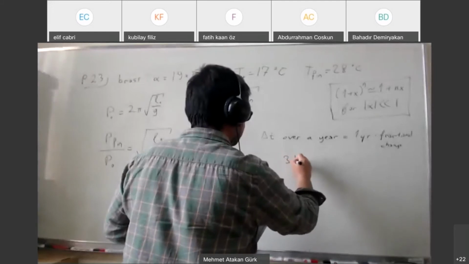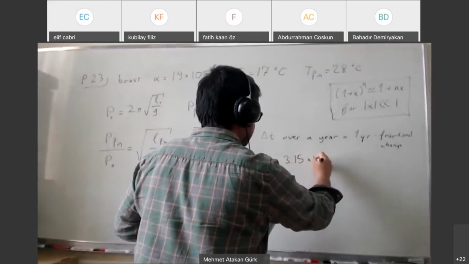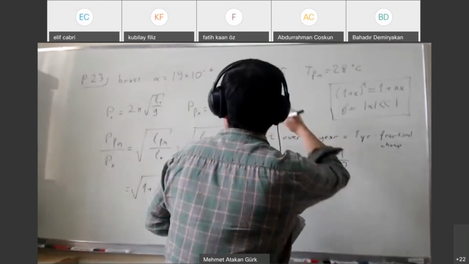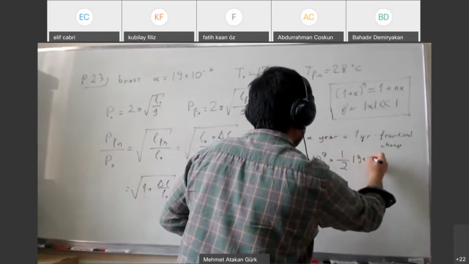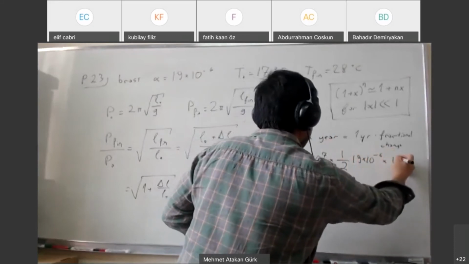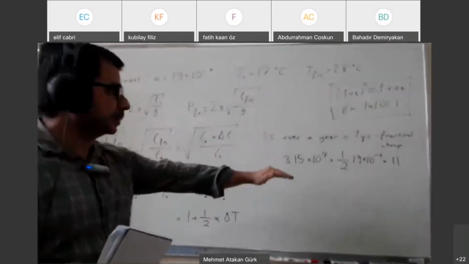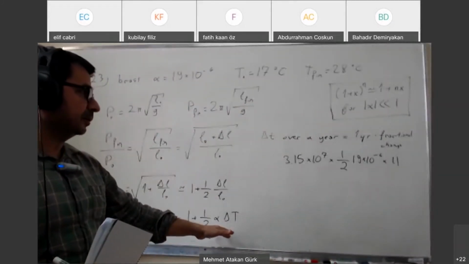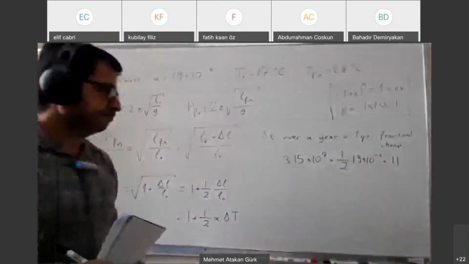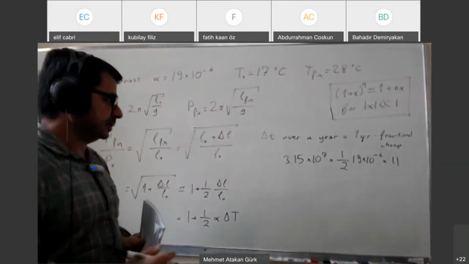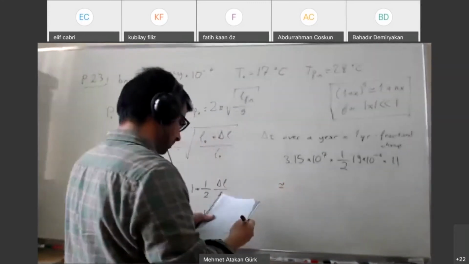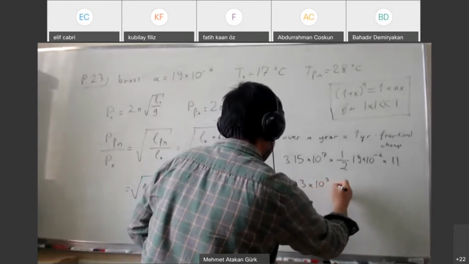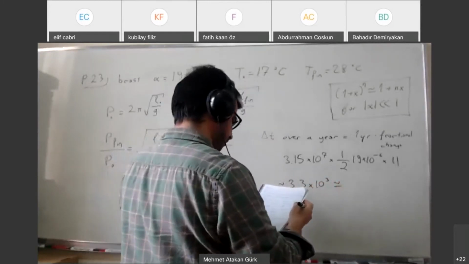So this is 3.15 times 10 to the 7 times a half times 19 times 10 to minus 6 times 11. Number of seconds in a year times a half times alpha times delta t. When you multiply this, I calculated 3.3 times 10 to the 3 seconds, which is about 55 minutes.